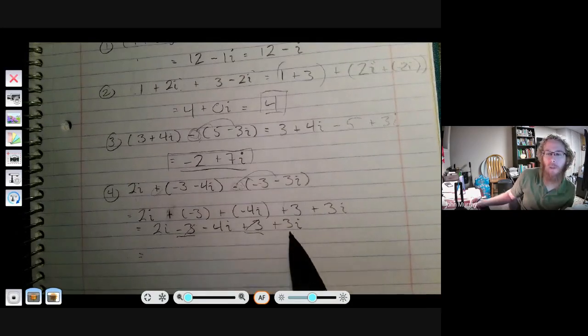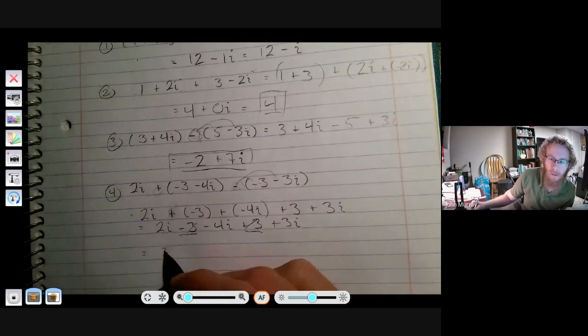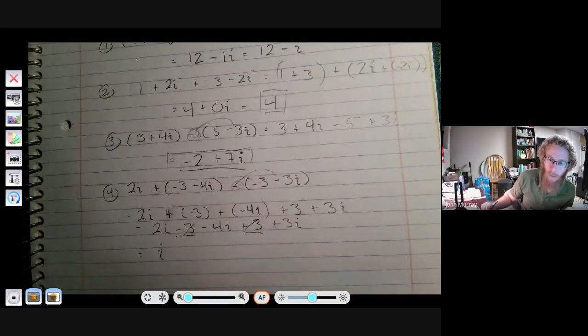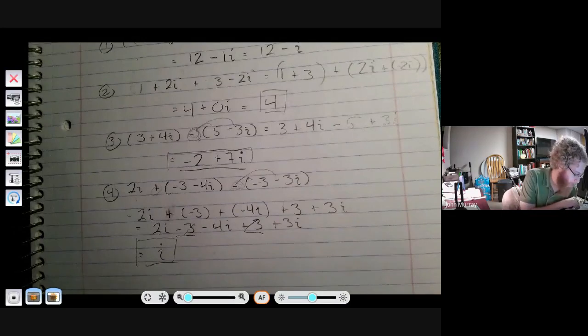Negative 2i plus 3i would just be 1i. All right. Any questions?